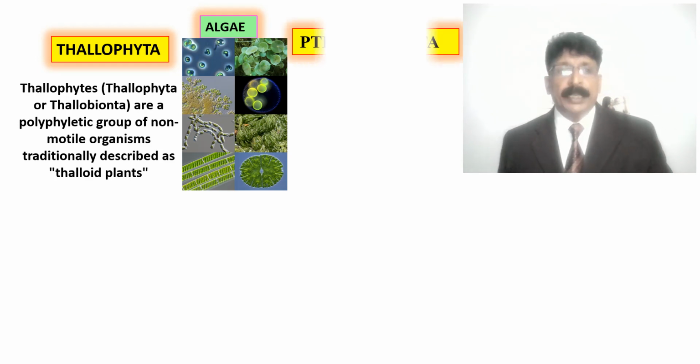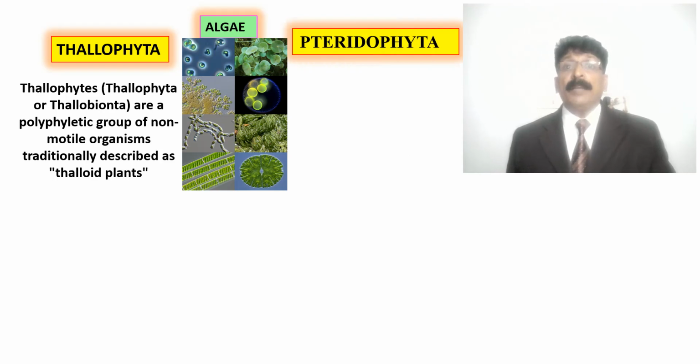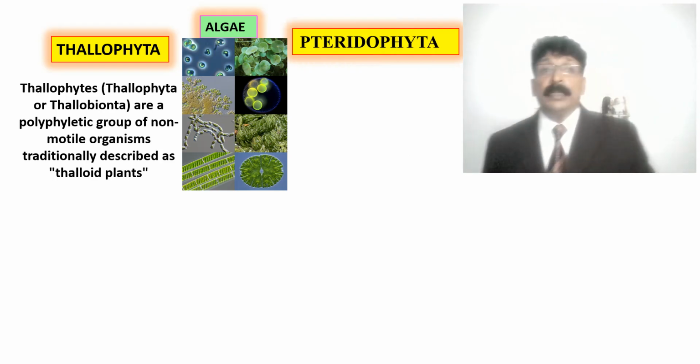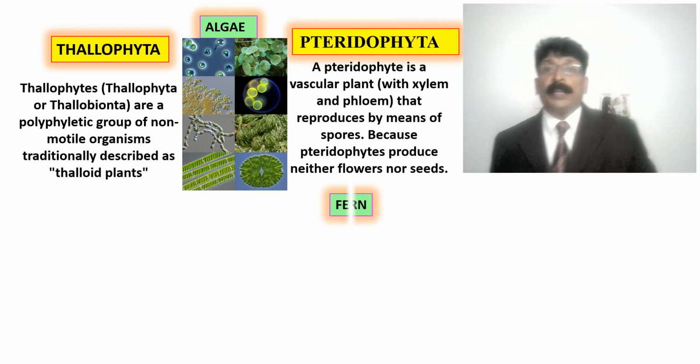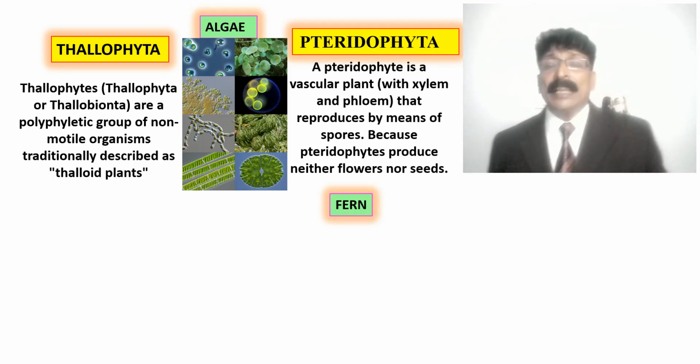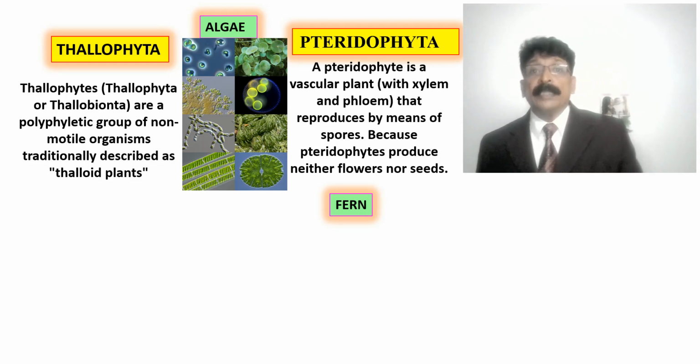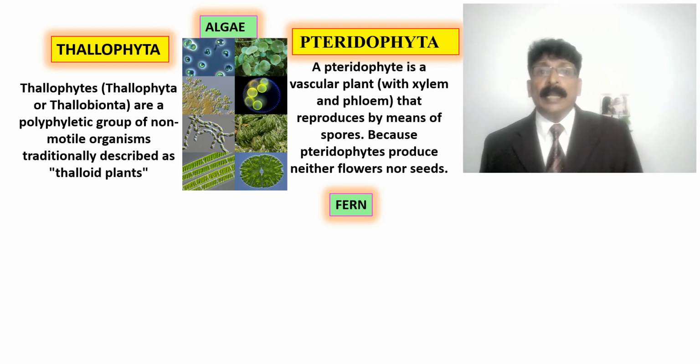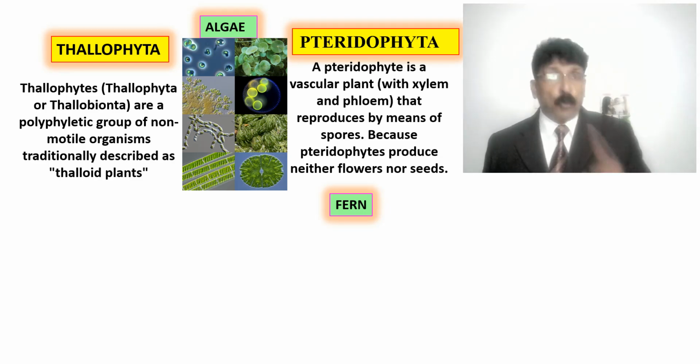And now we are coming to Pteridophyta, the second evolution from Thallophyta to Pteridophyta. A pteridophyte is a vascular plant with xylem and phloem that reproduces by means of spores, because Pteridophyta produces neither flower nor seeds.